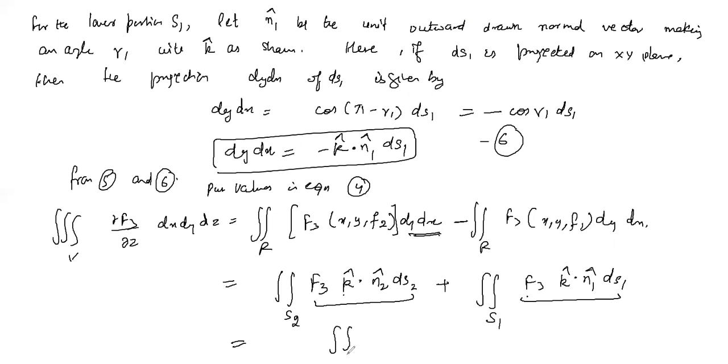That will be equal to the double integral over the surface f3 k cap dot with, इन दोनों की जो वैल्यू है इनसे हमारे पास एक कॉमन वैल्यू आएगी, n vector dot ds vector.